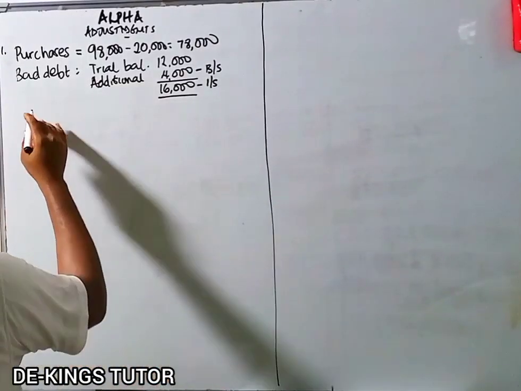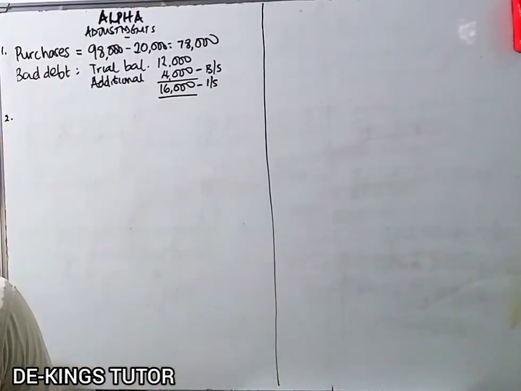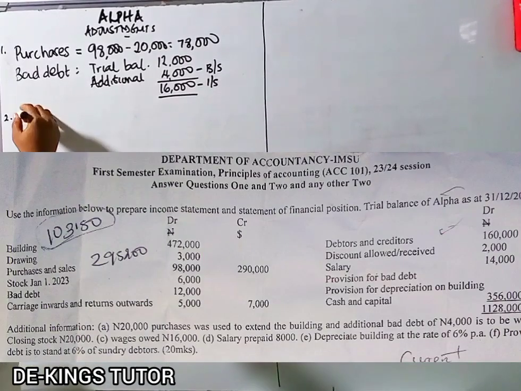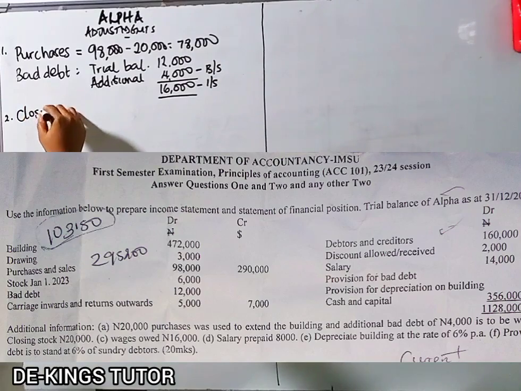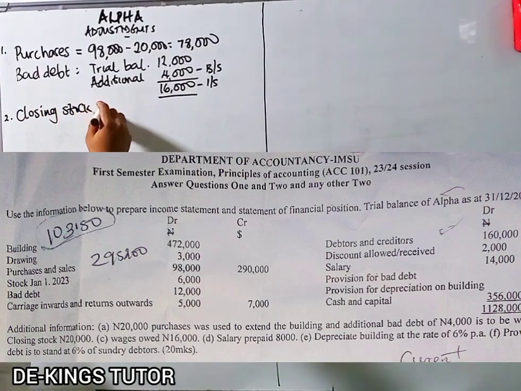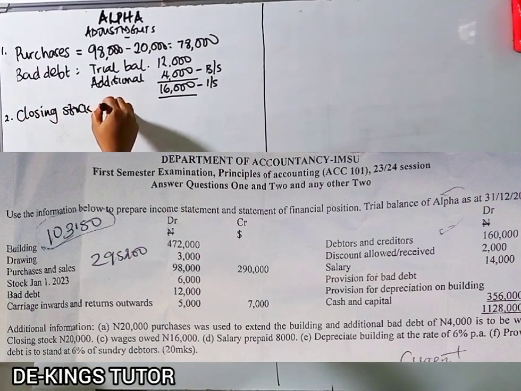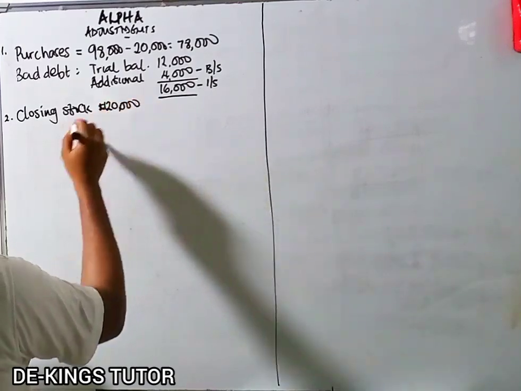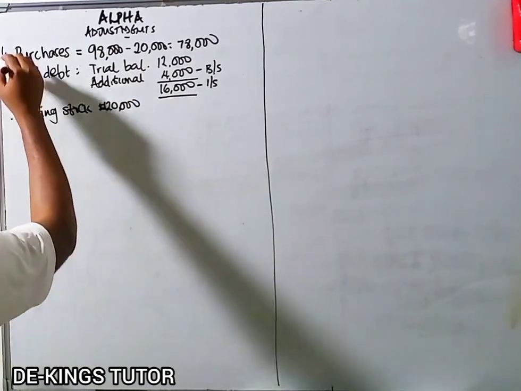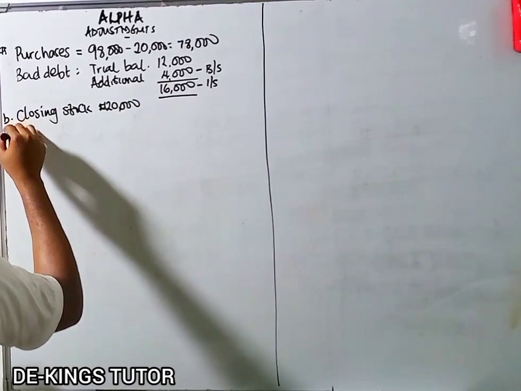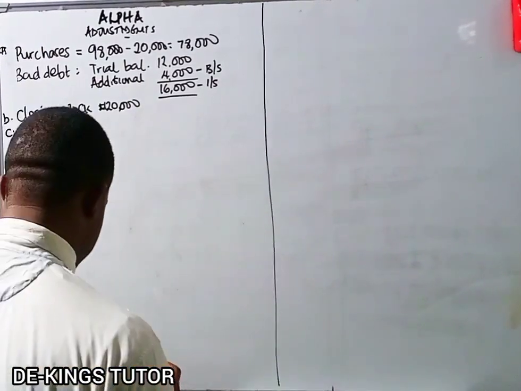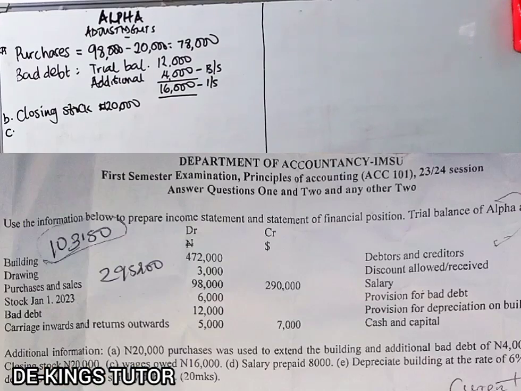Now the next one, which is B, is the closing stock. They just informed us that the closing stock is 20,000. Let me use A, B, C. Wages owed.